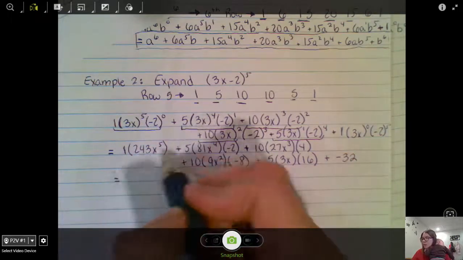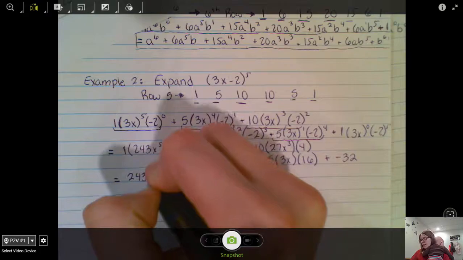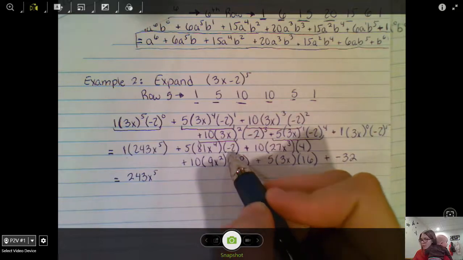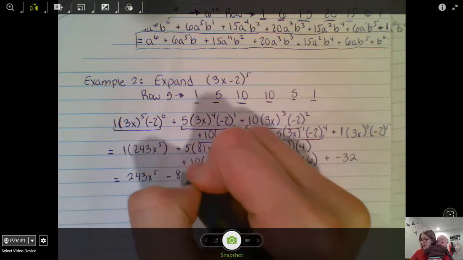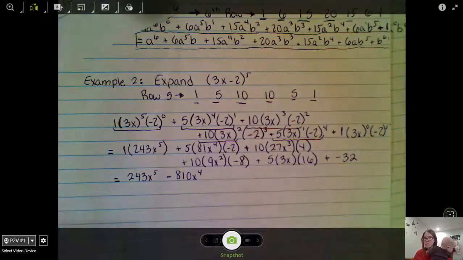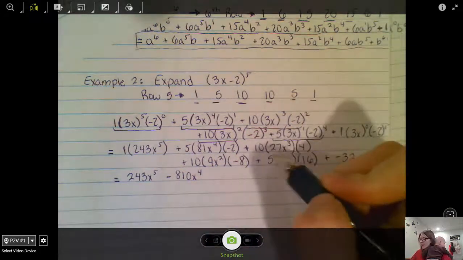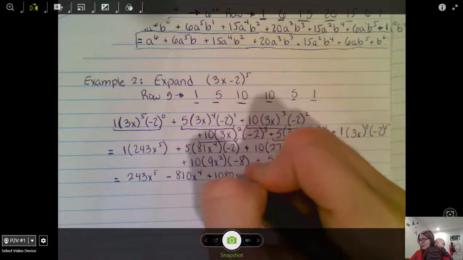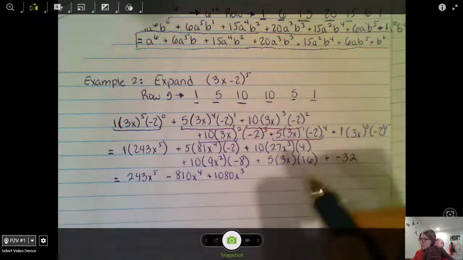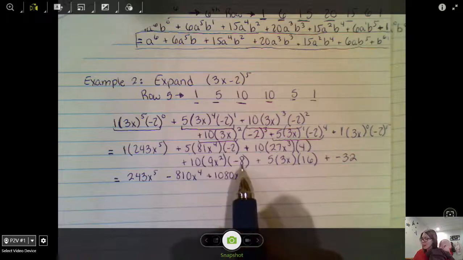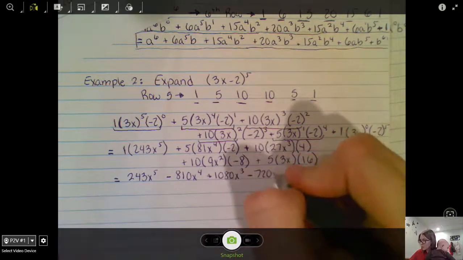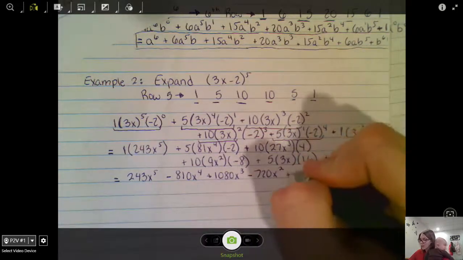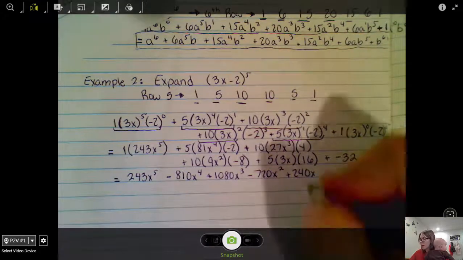So 1 times 243x to the fifth is just 243x to the fifth. 5 times 81 times negative 2 would be minus 810x to the fourth. 10 times 27 times 4 is 1080x cubed. 10 times 9 times negative 8 is minus 720x squared. 5 times 3 times 16 is 240x. And then minus 32.